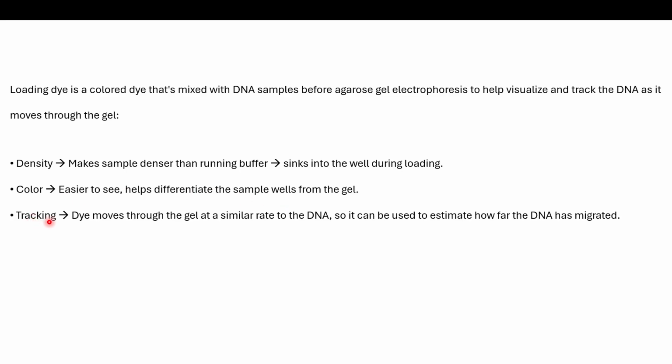It gives a certain color so that we can differentiate the sample wells from the gel. There are multiple wells on a gel, so you can easily track which particular well has my sample, or which particular well is already occupied. We will be adding to the next well.